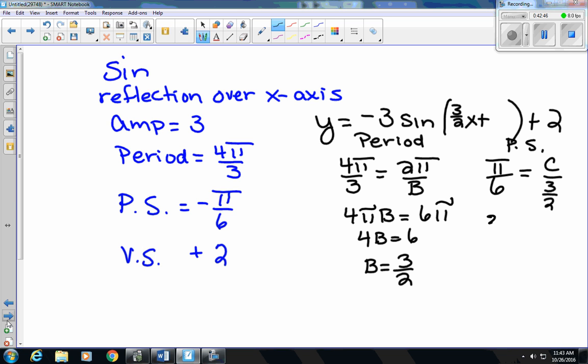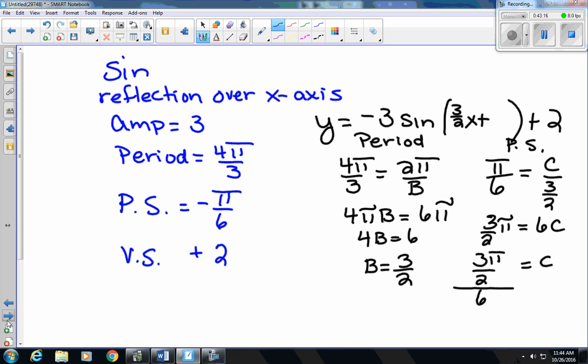So 3/2 pi equals 6c. I'm trying to solve for c. So I divide each side by 6. So 3 pi over 2 divided by 6 equals c. This would be a keep it, change it, flip it.